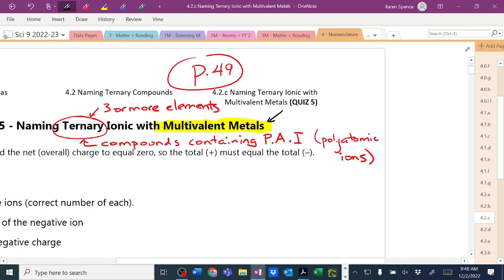They are found in the gray zone. If you don't know the name multivalent metal, does that matter? No. You just need to know that if it's in the gray zone, it needs a Roman numeral.